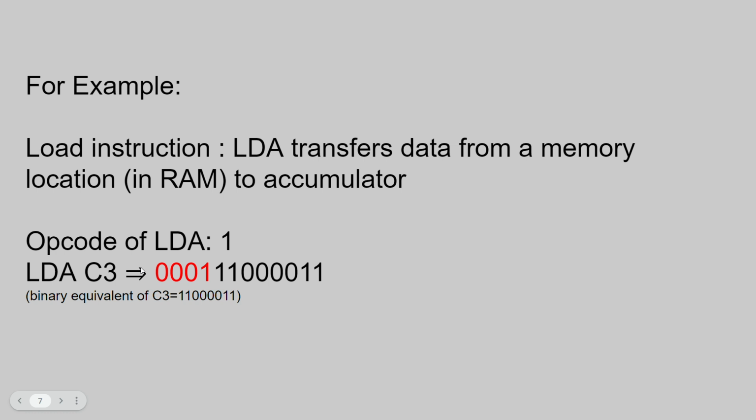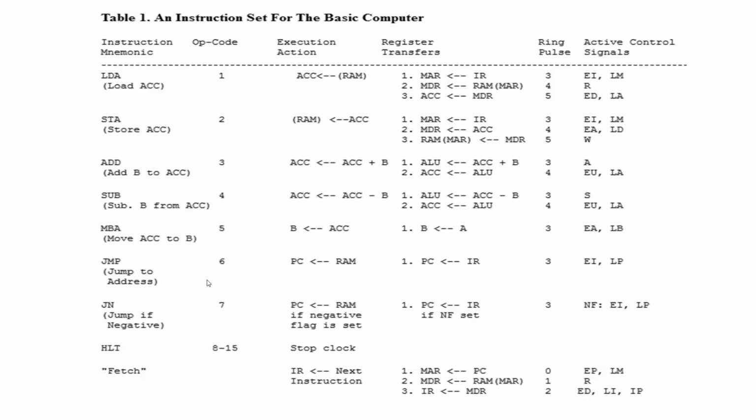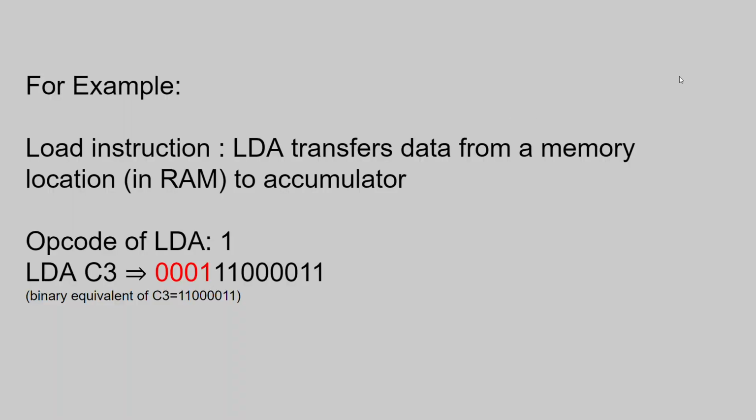I really hope that now you know what these 12 bits are. The first 4 bits represent my opcode. The next 8 bits represent the location of the data on which I want to perform this operation, and how do we exactly map these operations to their opcode? It is given in this particular table. All right, thank you.